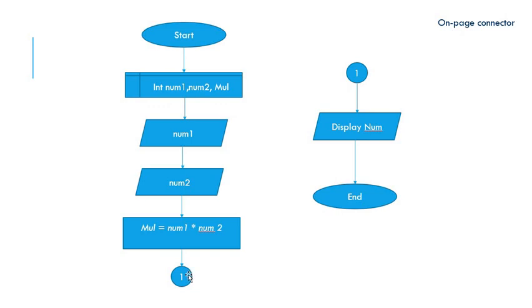Then you want to continue your drawing on the same page, so you can use this on-page symbol. Maybe you can put one here, and you continue with one here, so that the user knows that this one has a continuation. So one here means you continue to this one. This is on the same page.